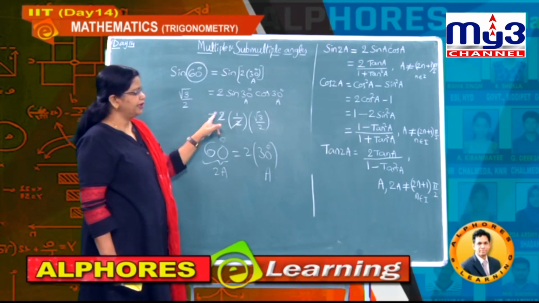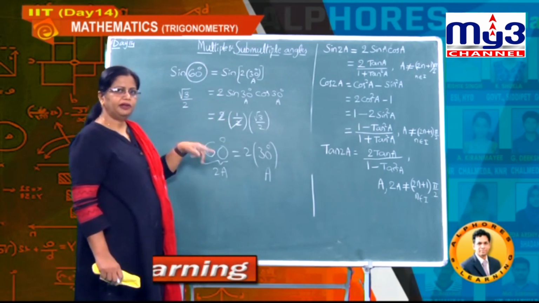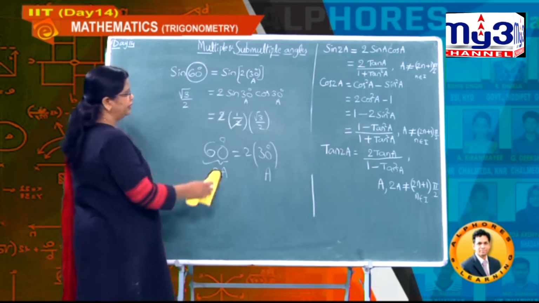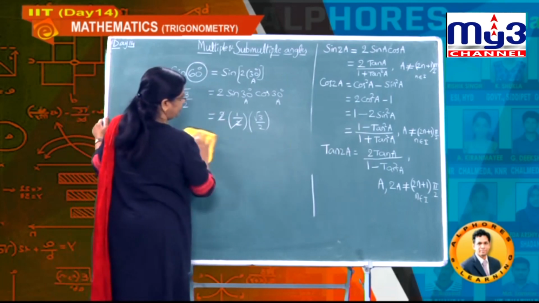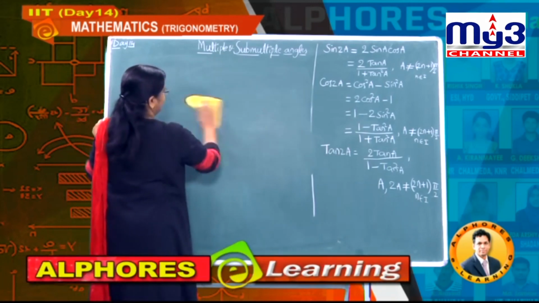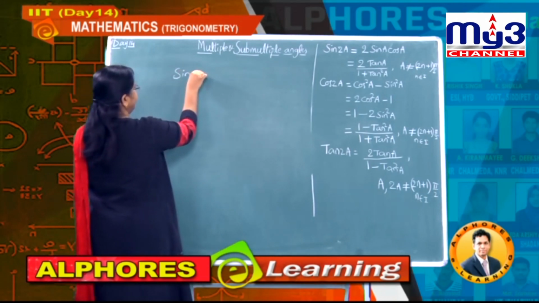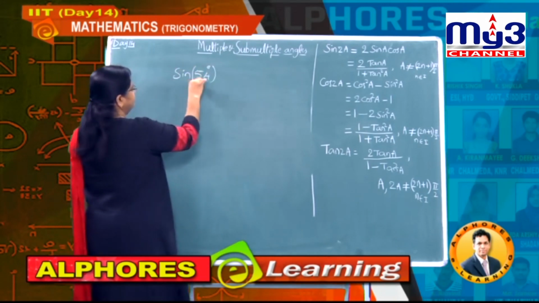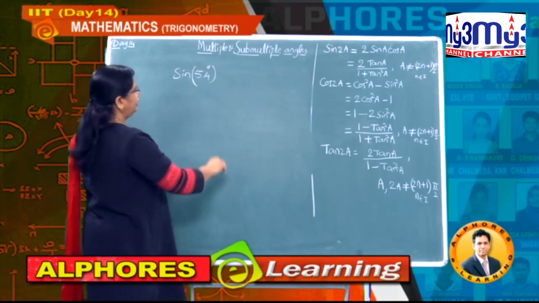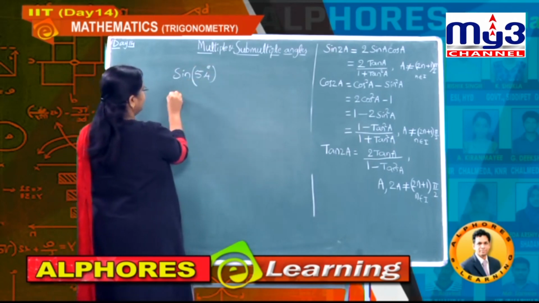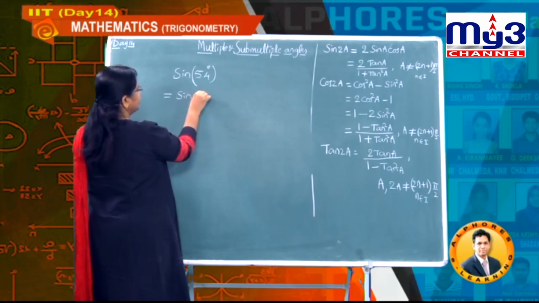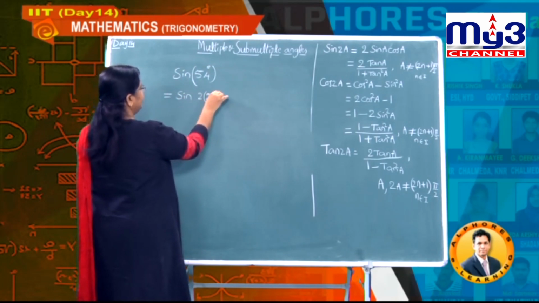So the 2 gets cancelled, you got root 3 by 2 equal to root 3 by 2. Now again, suppose you have another value, sin 54 degrees. Understand students? 54 degrees. Then how can you write it exactly here? Split it as 2 into 27 degrees.